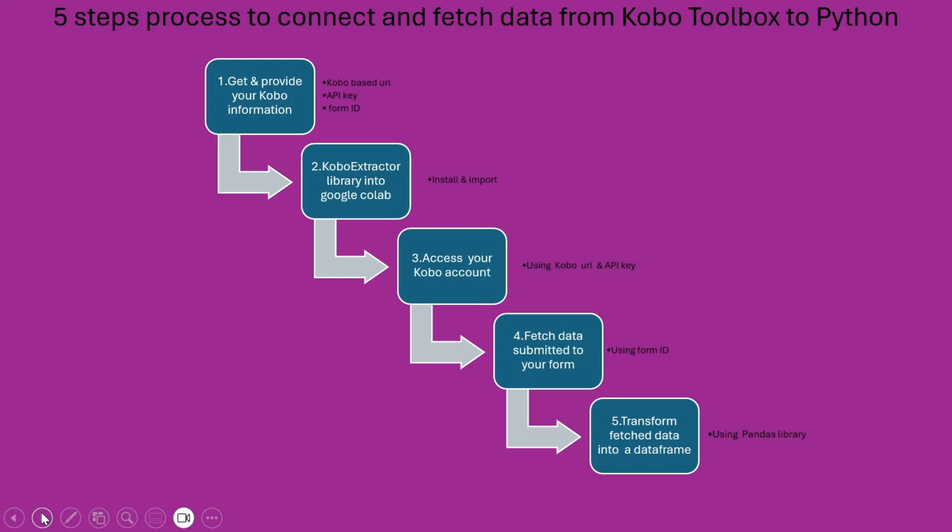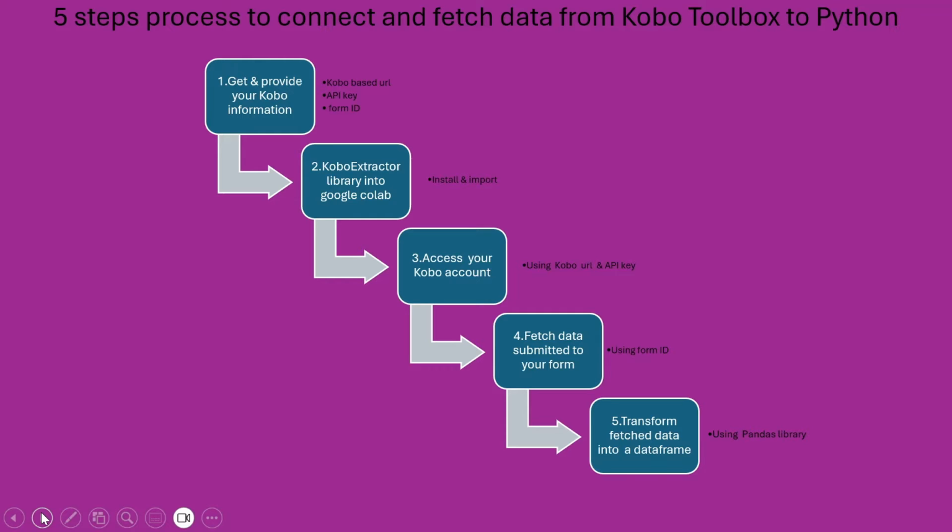The second step is to install and import the Kobo Extractor library into Google Colab. Typically, Google Colab has a set of libraries already installed, but in that case, Kobo Extractor is not, so you will have to install it and import it before using it. The third step is accessing your Kobo account, and we will be using the Kobo URL and the API key to access your Kobo account.